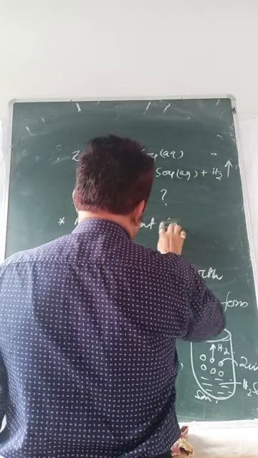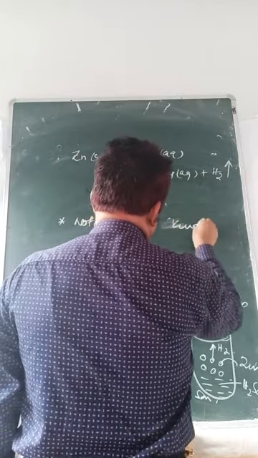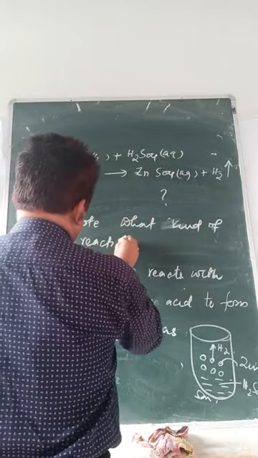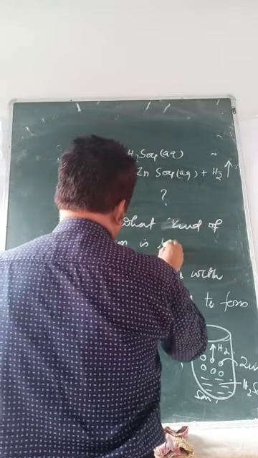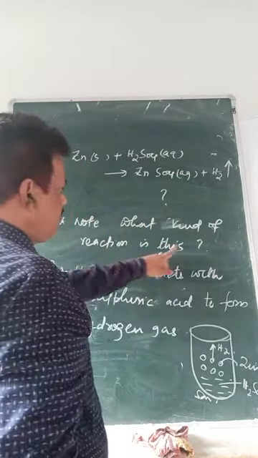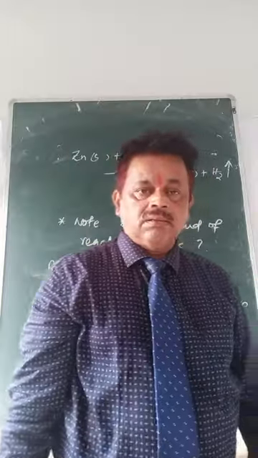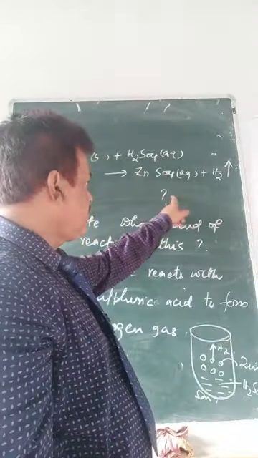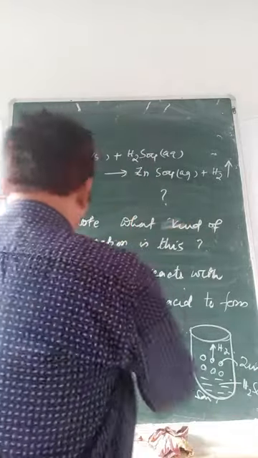What kind of reaction is this? So you can answer: combination, displacement or double displacement? You have to find out and write the answer. But this will be homework for you.